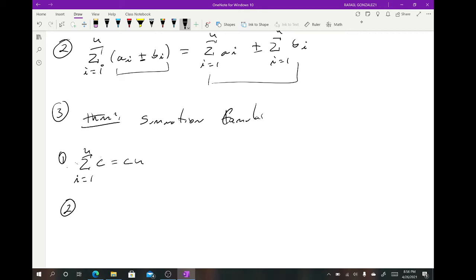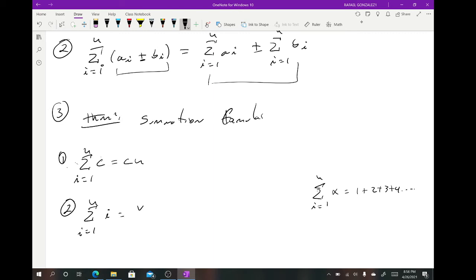Number 2, we have the sum from i equals 1 to n of i. So if you just add regular terms, like 1 plus 2 plus 3 plus 4, it doesn't ever stop.